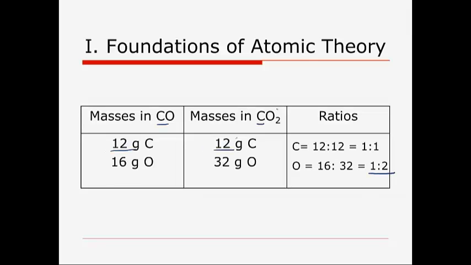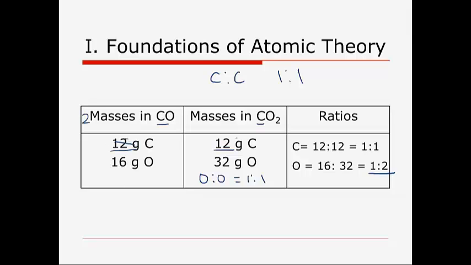Now, next question. What about the carbon to carbon ratio? Are both of these going to be 1:1? The problem is, we can't compare the carbon to carbon and say it's 1:1, because if you want to compare the carbons to each other, the oxygen ratio must be the same, 1:1. Right now it's not. So, what if I took twice as much CO2?